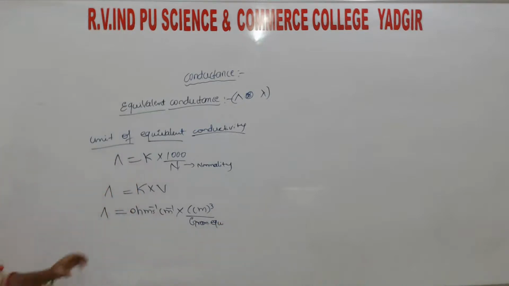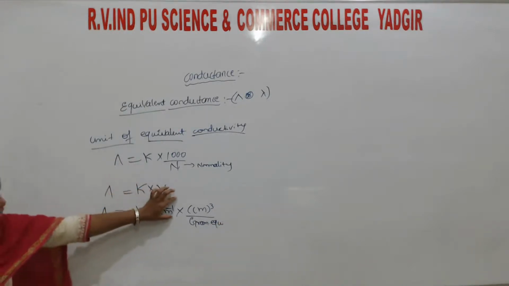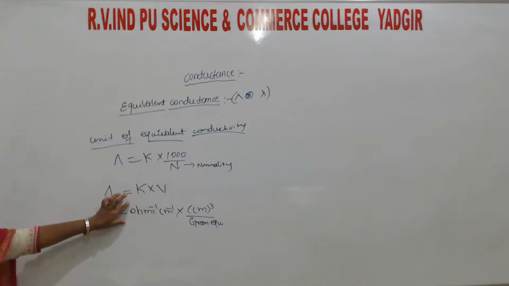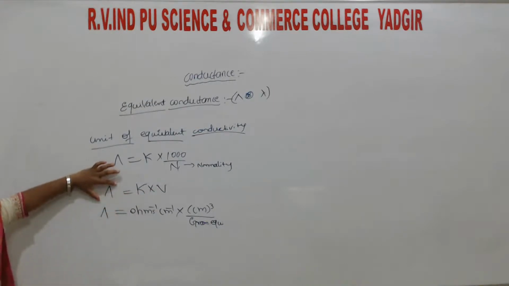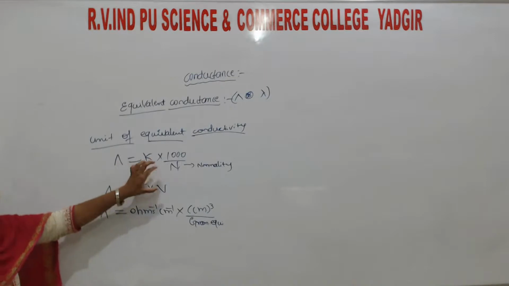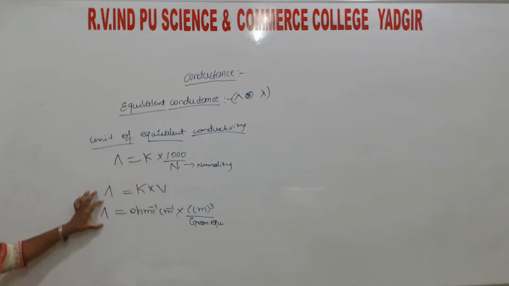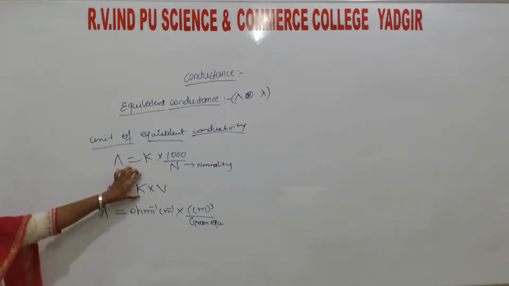Here this is the unit of the specific conductance. Here lambda is equal to kappa into volume, meaning the product.